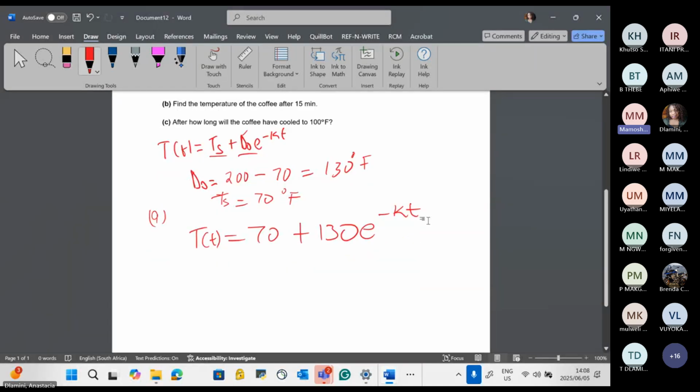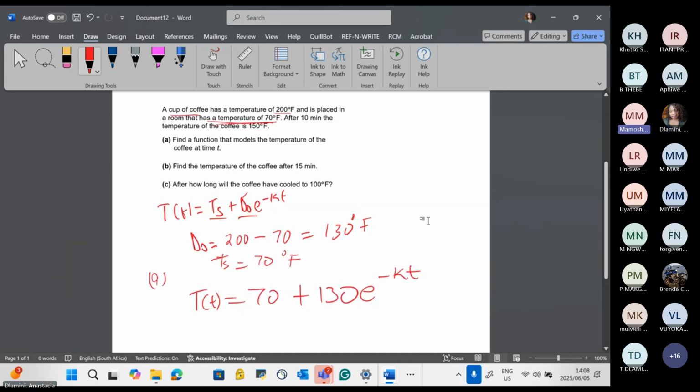Now B says find the temperature of the coffee after some time. Wait, something is wrong here. We're not done. We left the 150. After 10 minutes, that 150 will help us to find K. So how do we find it?